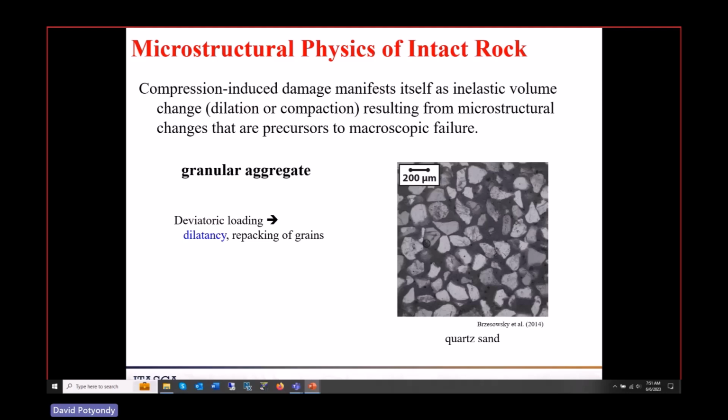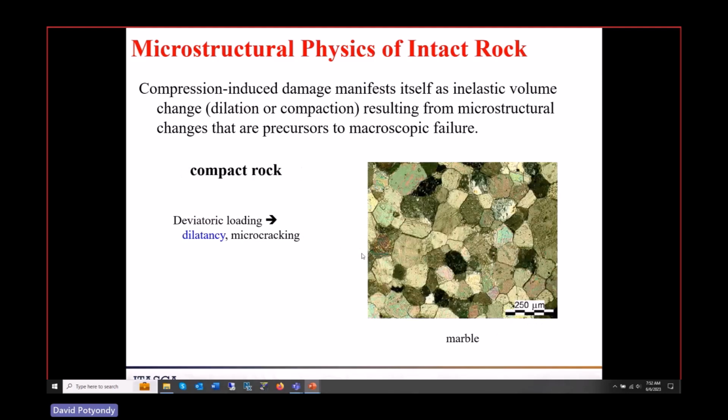The difference of those stresses is the deviatoric stress. With deviatoric loading, you tend to get dilatancy. You squeeze it and it bulks out like crazy. It increases in volume, and that's happening typically because the grains are slightly readjusting and repacking. As you force them to repack, they end up dilating. So that's if you have deviatoric loading.